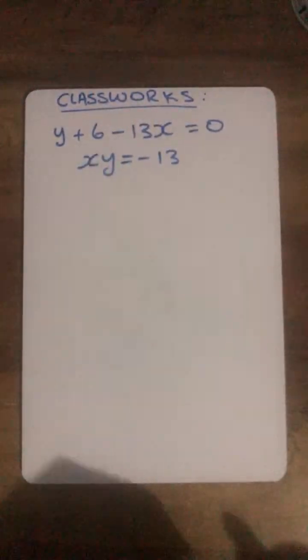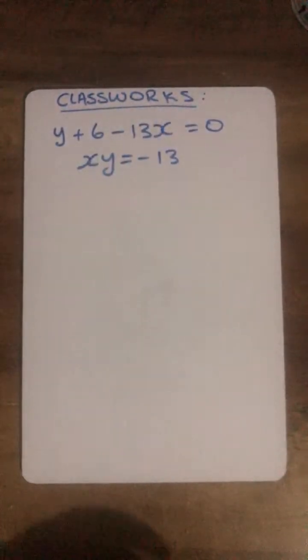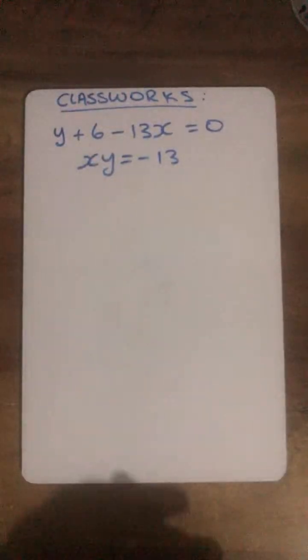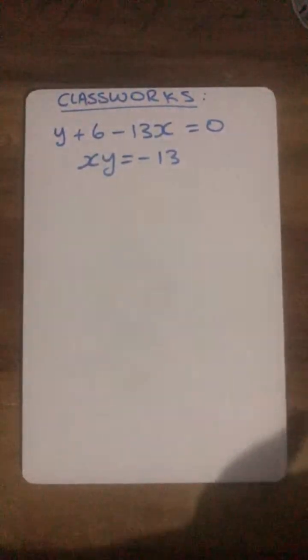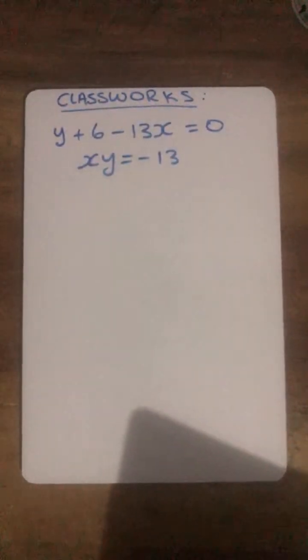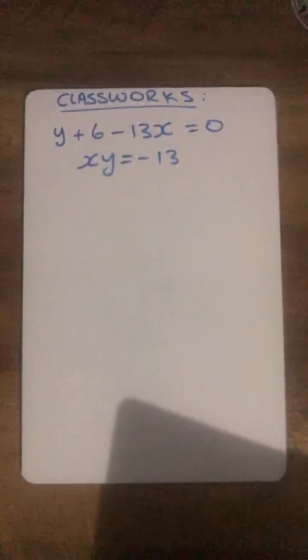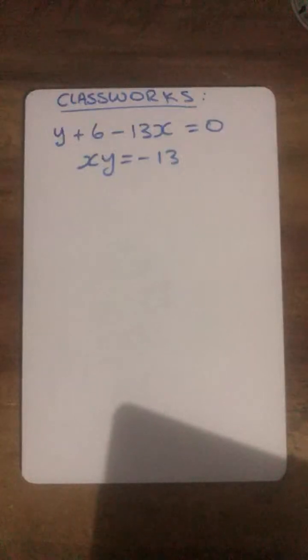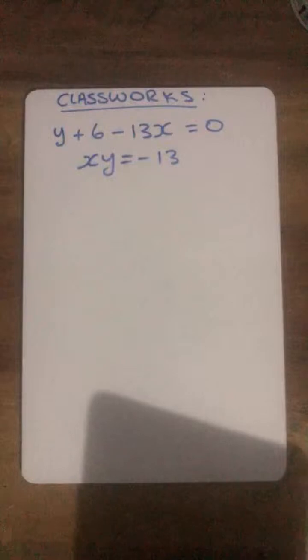Trust me, honorable members, this is a problem where you need to solve x and y simultaneously. So let's see how far you can go with that one, honorable members.